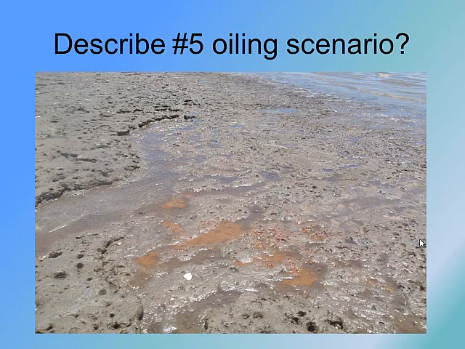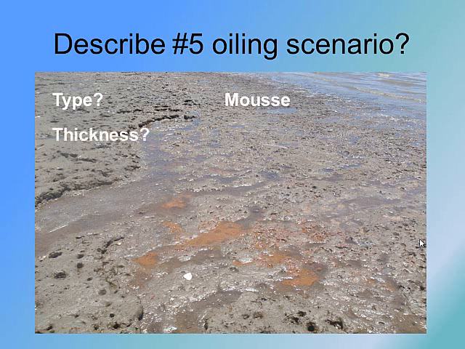So then looking at our last oiling scenario, what type of oil do we have here? Yeah, I've been hearing mousse. So the oil is emulsified with water. Our thickness is hard to tell again because it's a picture.